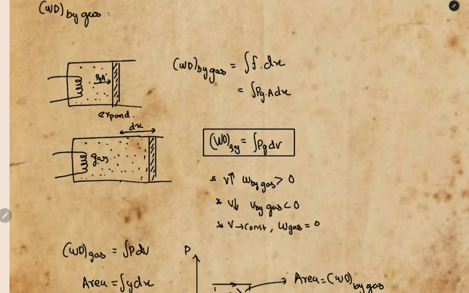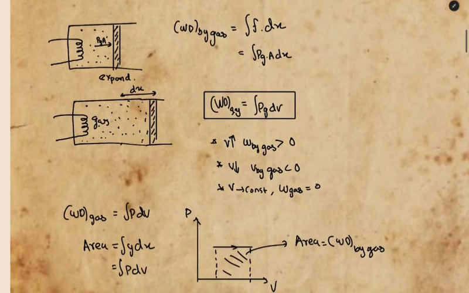Do you agree, guys? So this will give me a formula. Work done by the gas will be equal to the pressure of the gas times dV. Remember, this is very important: the pressure of the gas, not the total pressure, not the net pressure. Its integration will give you the work done by the gas. When volume increases, work done will be positive.